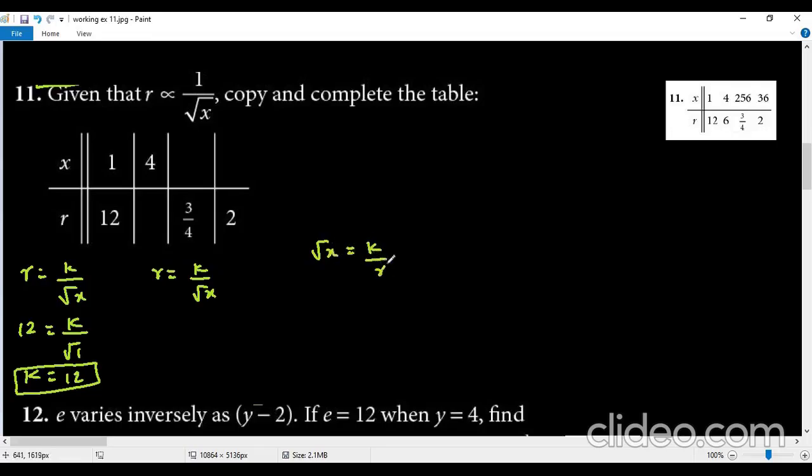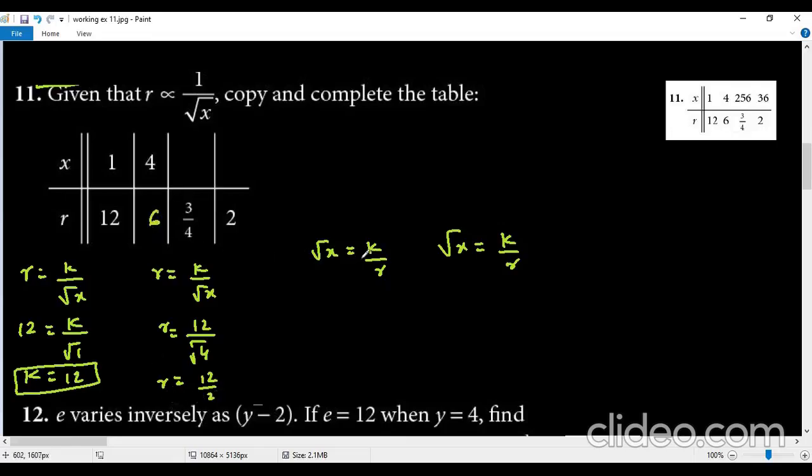So the first value, when x is given already, k is 12, and the value of x is 4. That means under root 4. So r is going to be equal to 12 divided by 2, which is 6. So you can definitely write a 6 here.